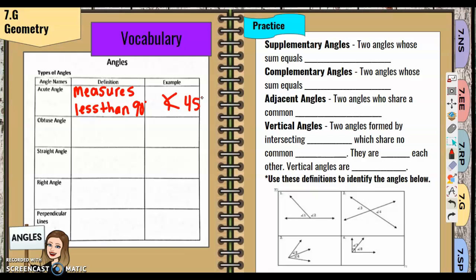If you have an obtuse angle, that angle measures greater than 90 degrees. And it might look something like this. It's bigger. Anything bigger than 90 degrees.